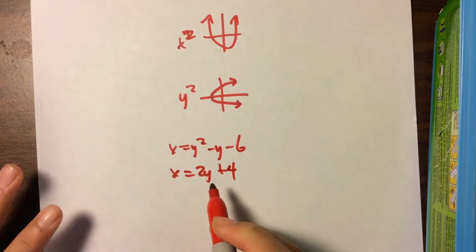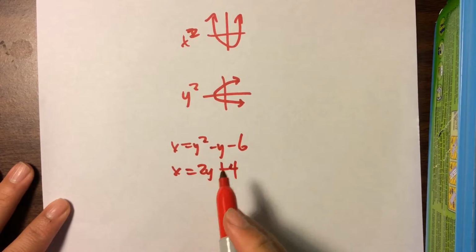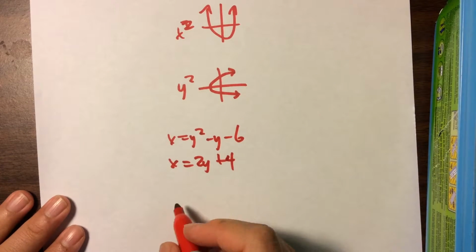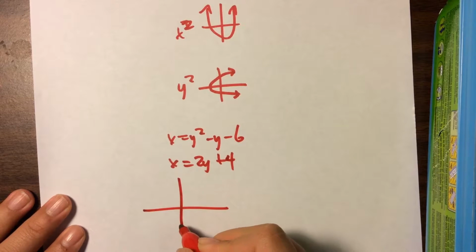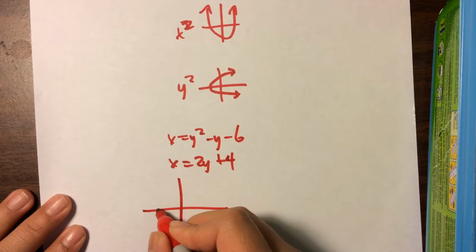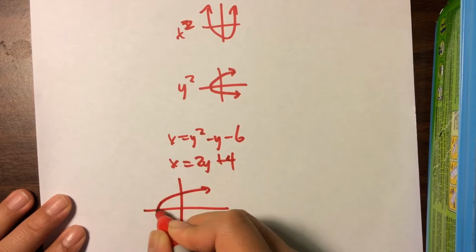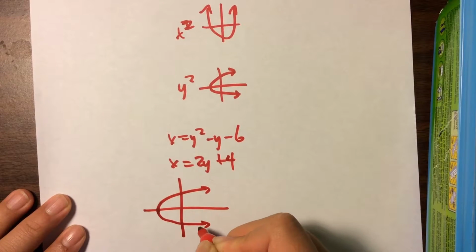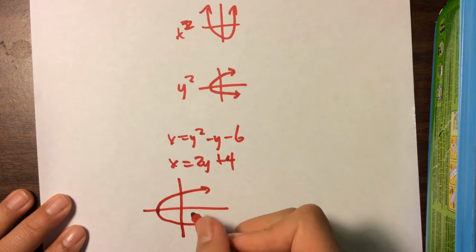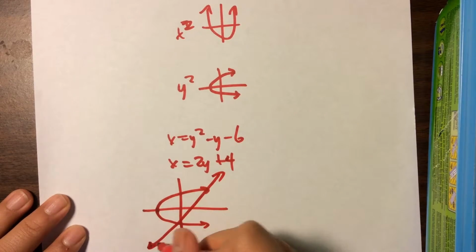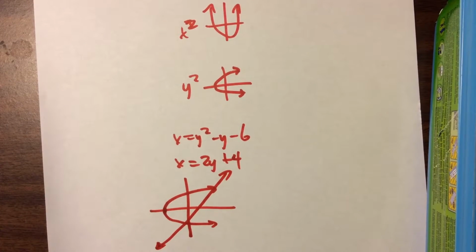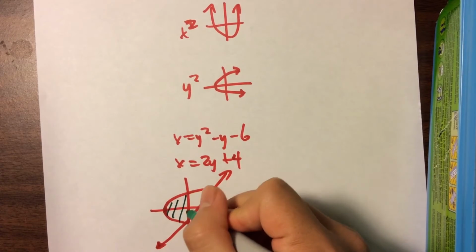So we have to find the area between these two curves. So the graph would look something like this. Obviously, it's not going to be drawn to scale. And then 2y plus 4 will look something like this. So our area will be in the green, so we have to find this area.